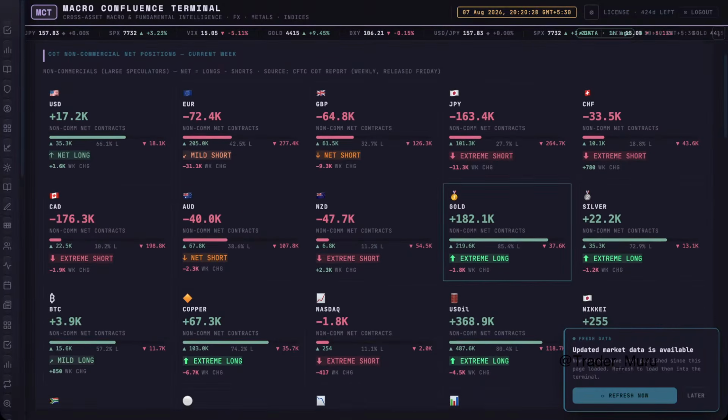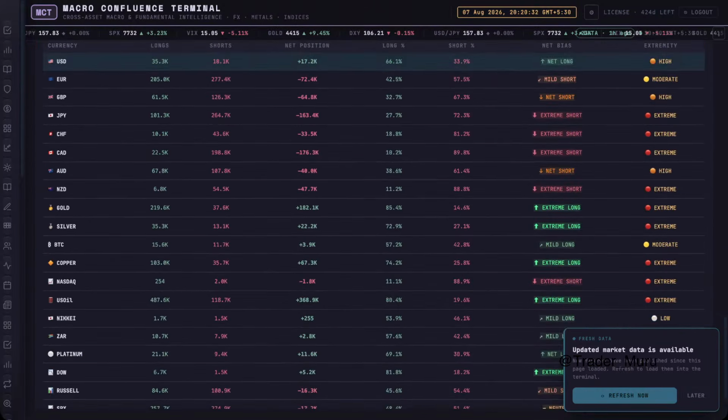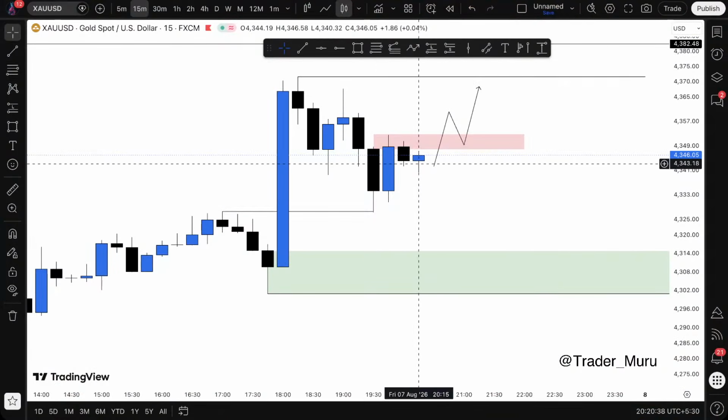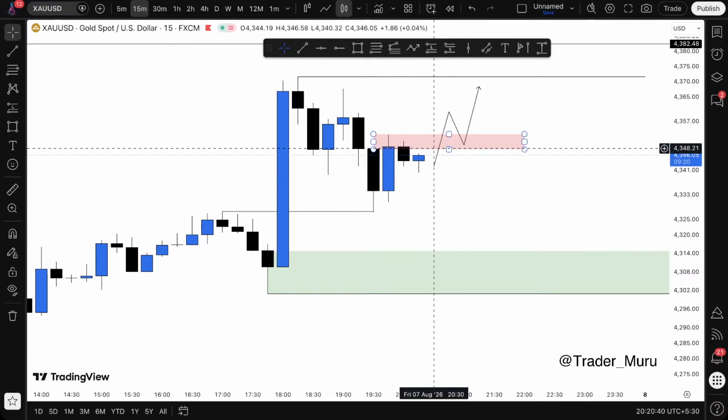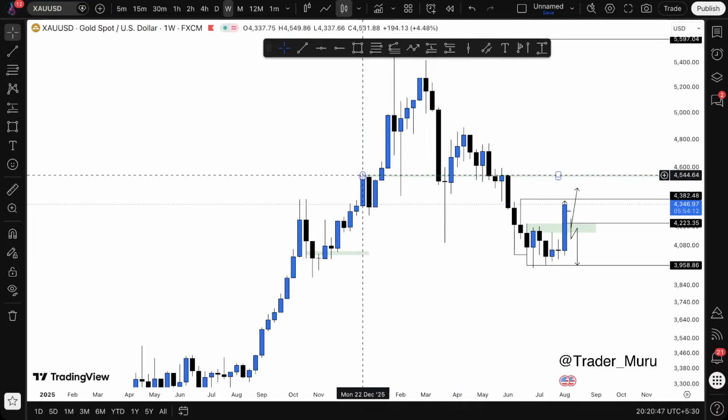Gold is extremely bullish right now. They are adding more longs in gold, and we will be looking for a buy opportunity in gold after a confirmation on the daily time frame and weekly closing. And we will be targeting this high.